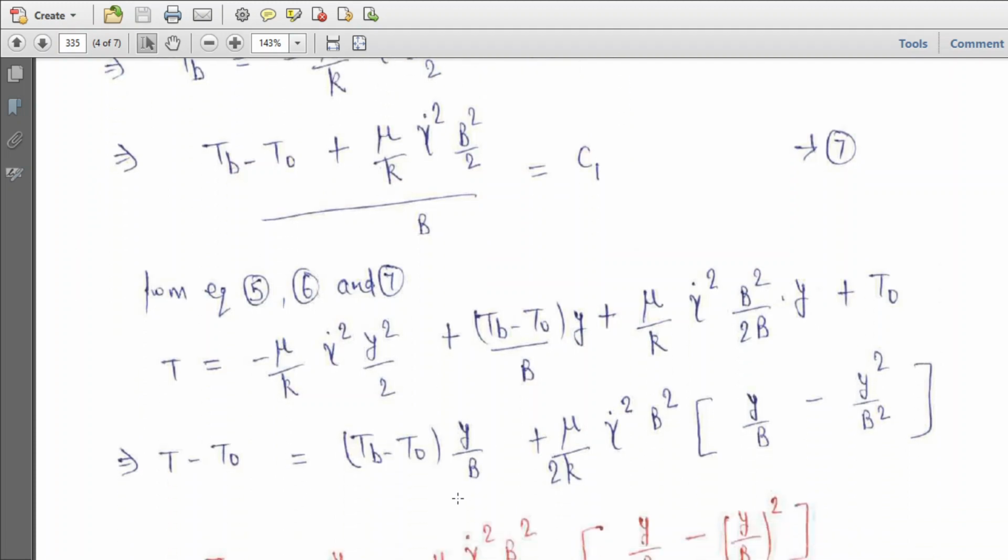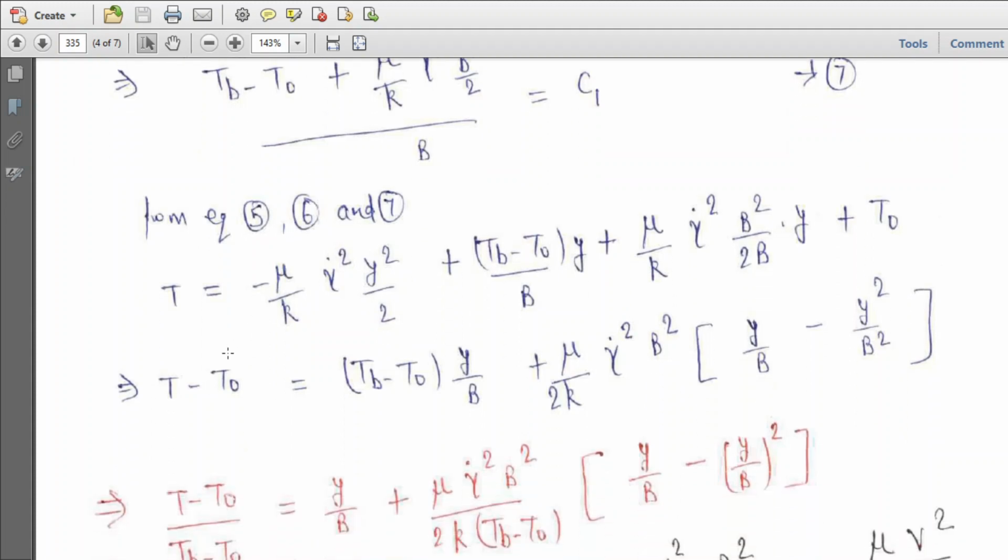Now substituting the expression of C1 there from equations 5, 6 and 7, we get the expression for T. So T − T0 = (Tb − T0) y/b + (μ/2k) γ̇² [b y − y²].